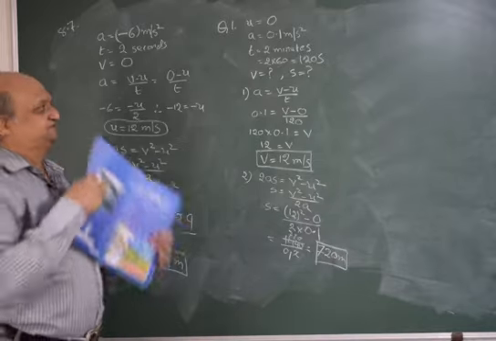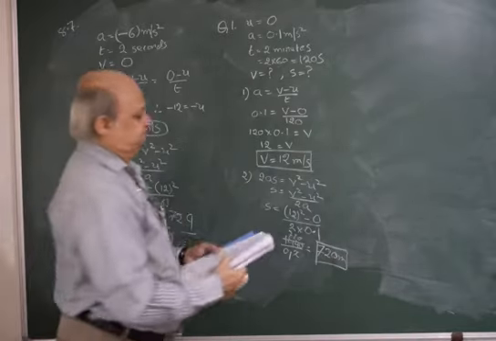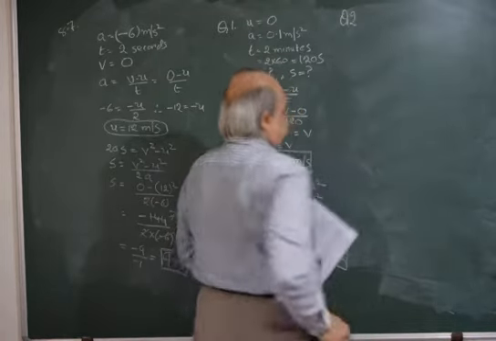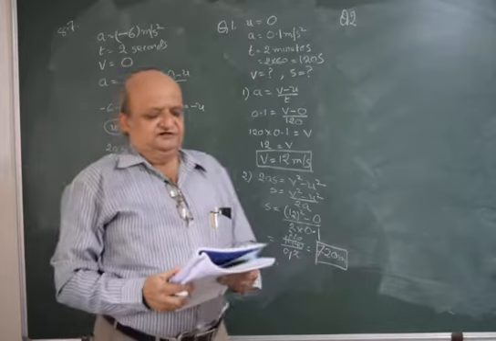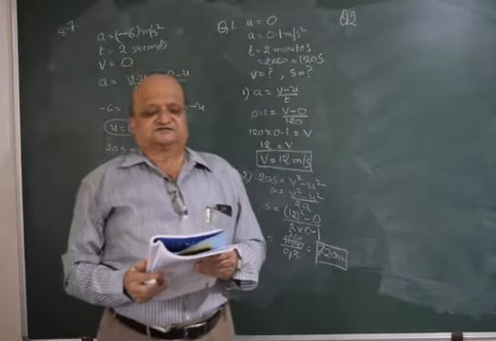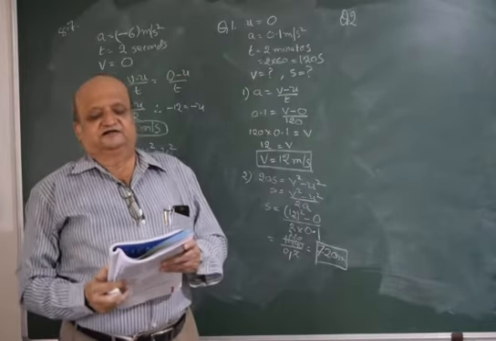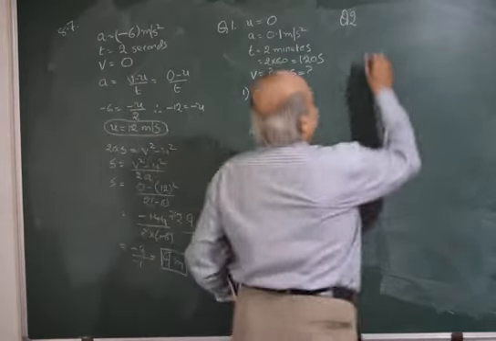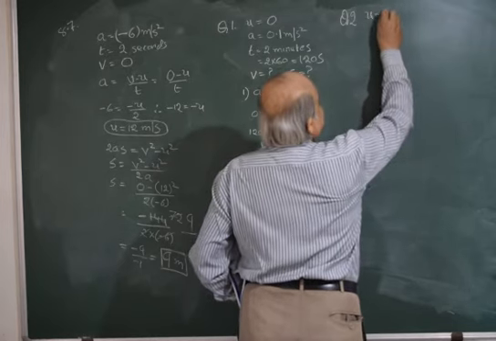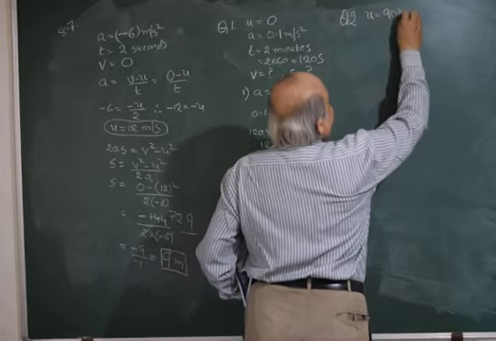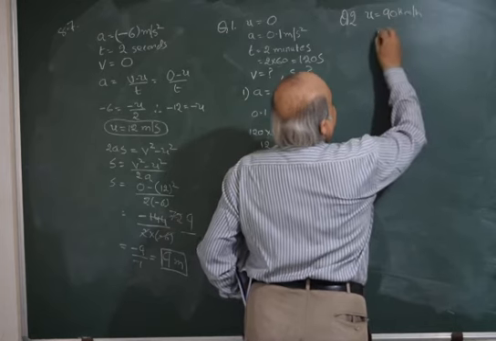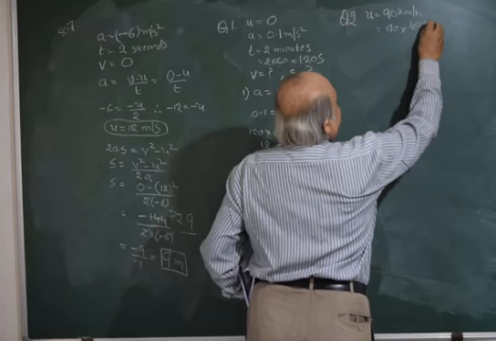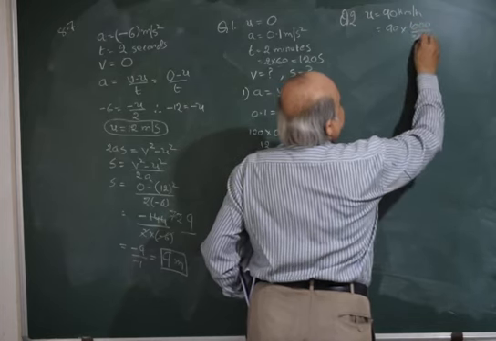On the next page, question number 2. It says, a train is traveling at a speed of 90 km per hour. So the initial velocity here is 90 km per hour, converted 90 into 1000 upon 3600.